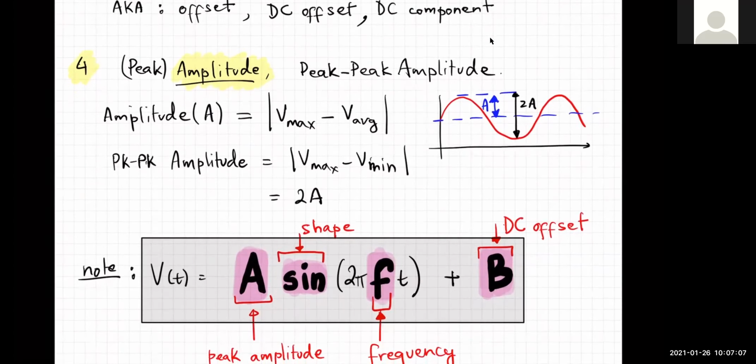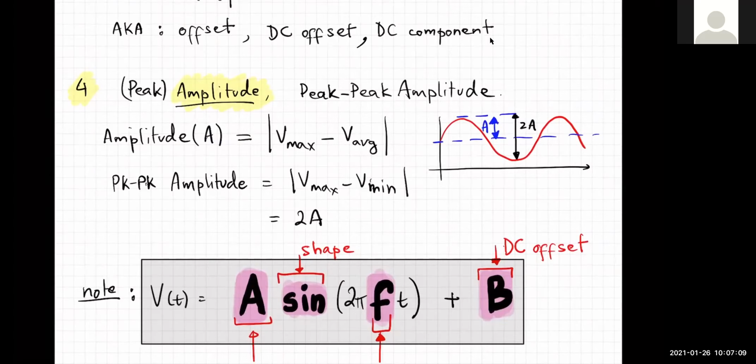Amplitude. Again, amplitude is the maximum displacement from the average of the signal. There can be some confusion or ambiguity with the term amplitude, because there's something called the peak-to-peak amplitude, which is the displacement from the max to the min, right?